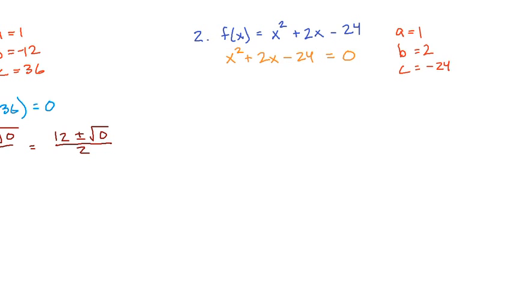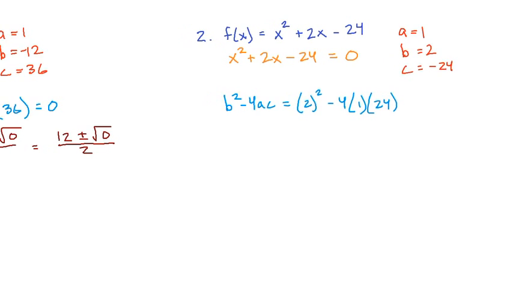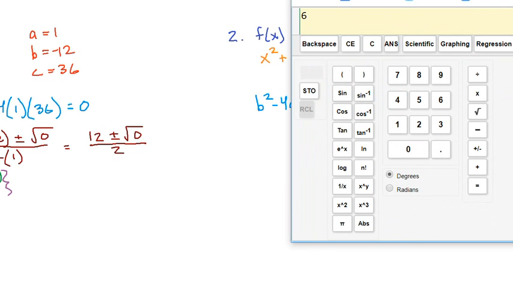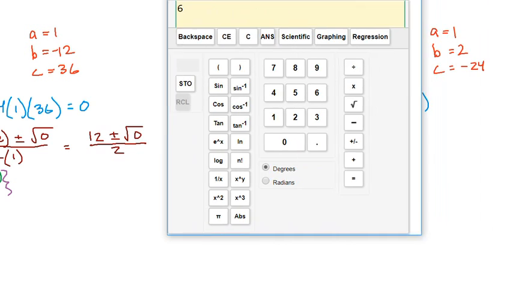Let's find our discriminant first. Our discriminant is b squared minus 4ac. Our b value is 2, so 2 squared minus 4 times a times c. Let's go ahead and bring up our calculator and solve that problem.